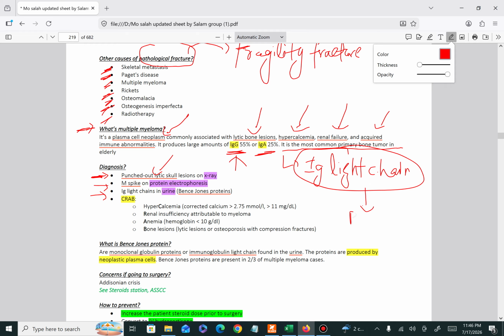So the first is x-ray, then protein electrophoresis, then the urine analysis which shows the Bence-Jones protein.